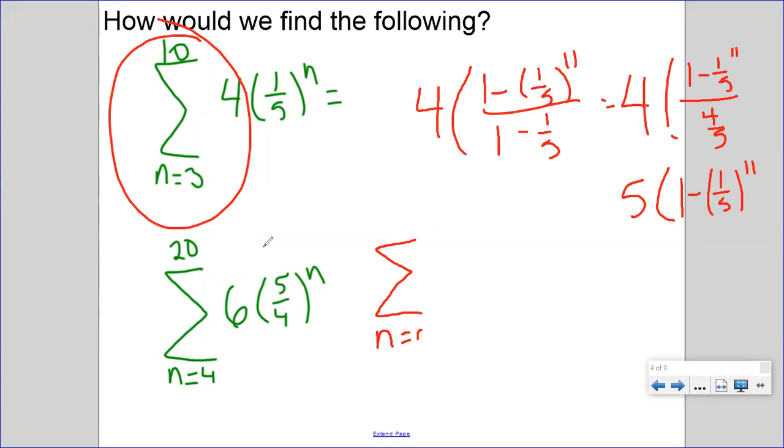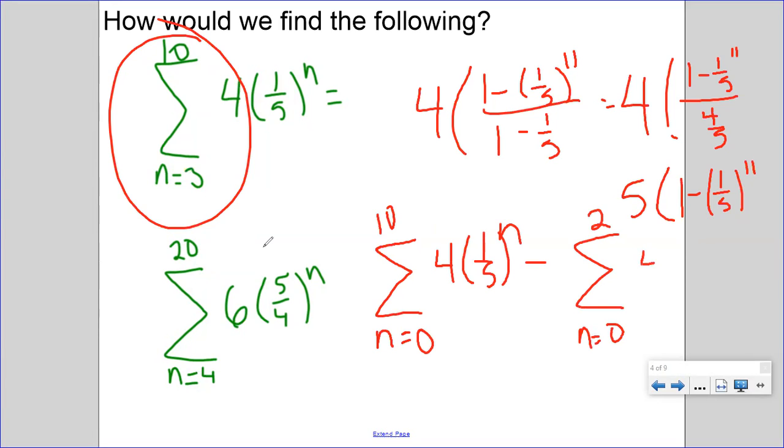But we would just do the original, which is 0 to 10 of 4 times 1/5 to the n, and we just take away what we're missing. Well, we're missing from 0 to 2. So this is term 0, this is term 1, this is term 2.